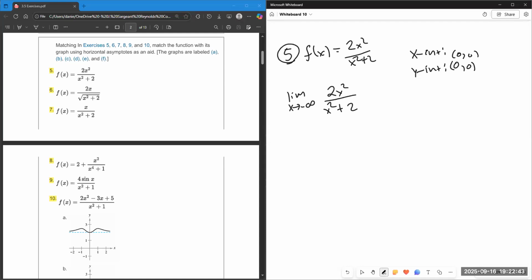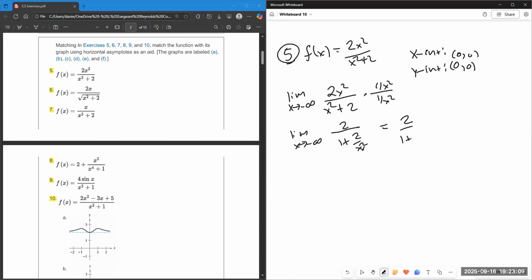So I'm going to multiply by 1 over x squared over 1 over x squared. This gives me a limit as x goes to negative infinity of 2 over 1 plus 2 over x squared. And so this is going to be 2 over 1 plus 2 over negative infinity squared.